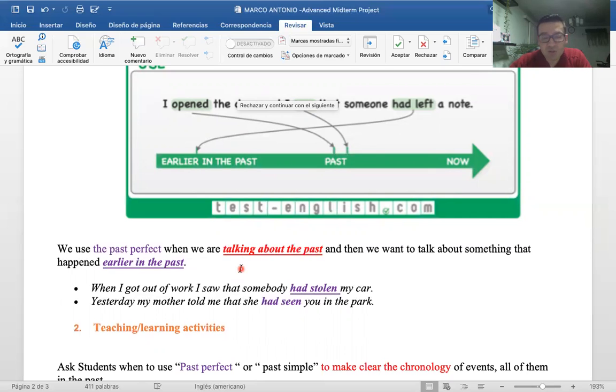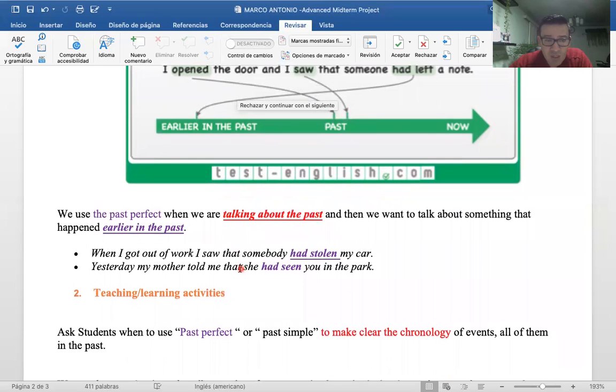In the past, 2 more examples. When I got out of work, I saw that somebody had stolen my car. So we are using here a simple past in this sentence and a past perfect tense in this sentence. And with this, we make clearer which of the two events happened first.